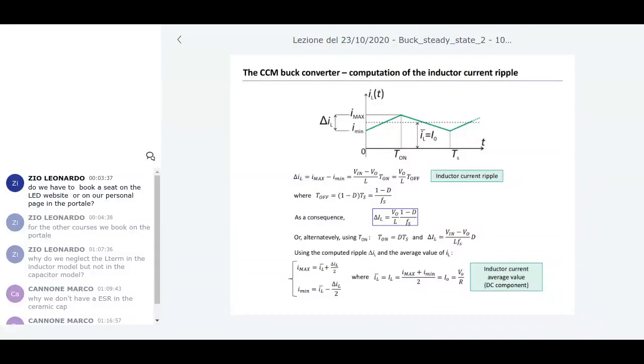I don't know, but I know that there is the possibility to book your seat on the LED website, on the portal. So you can book from your portal. I can change my message on the portal. I really don't know the exact procedure.